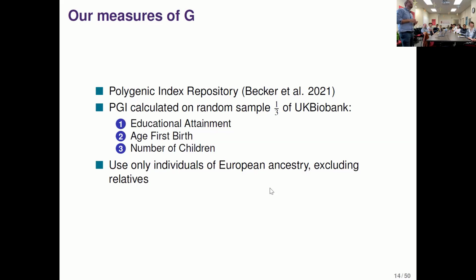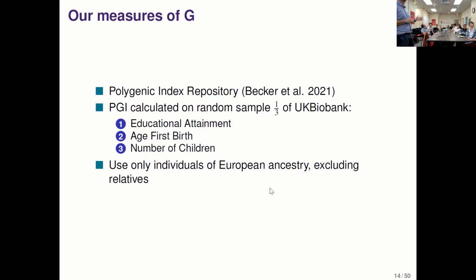scores. For the UK Biobank, well, because UK Biobank is essentially the biggest cohort in every GWAS, probably excluding maybe educational attainment, in which they have the 23andMe data and so on. What they did to not exclude the UK Biobank completely is split the sample in thirds.